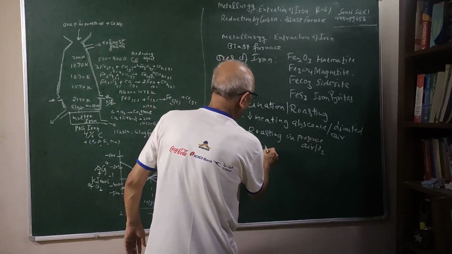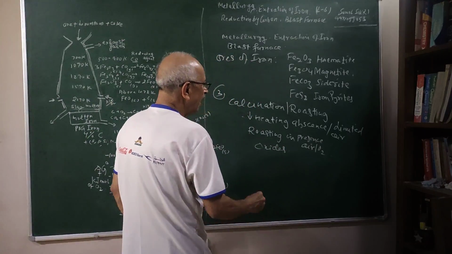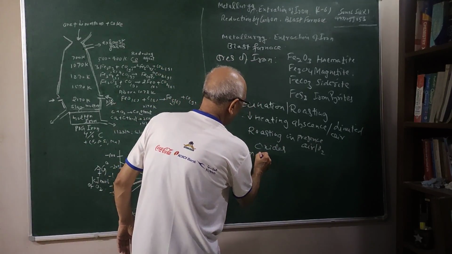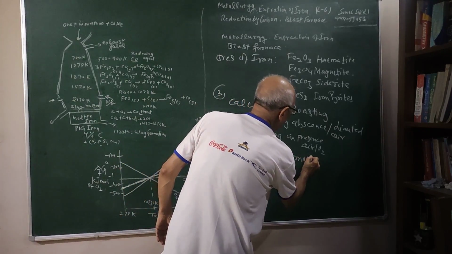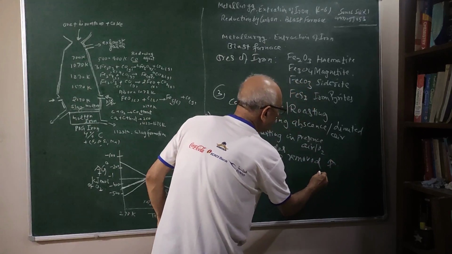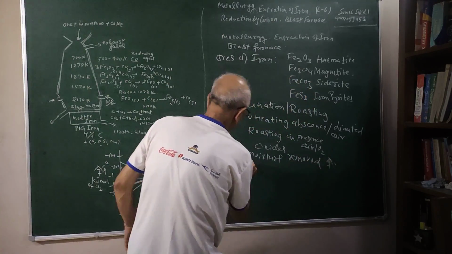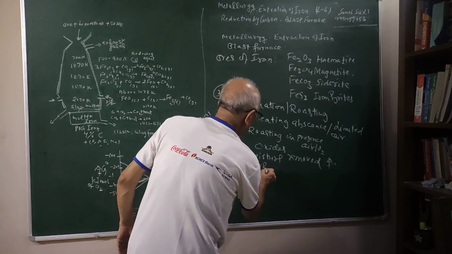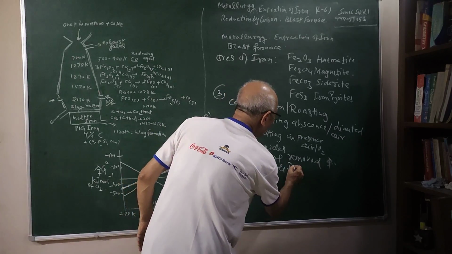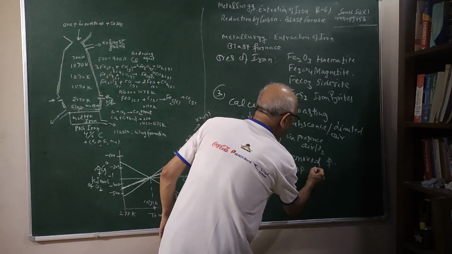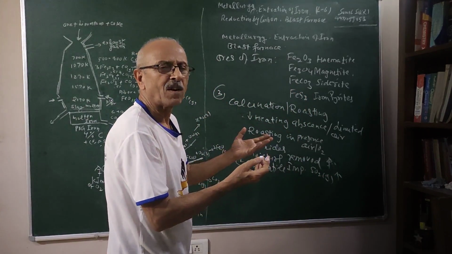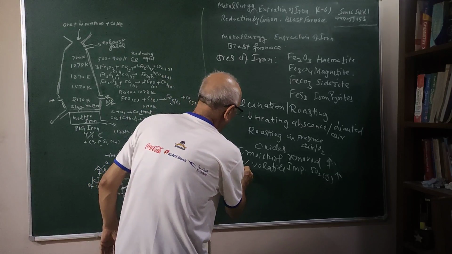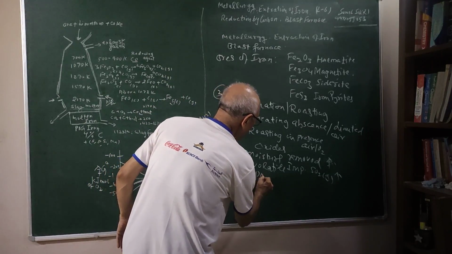You will get oxides and moisture removed. Then volatile impurities like SO2, etc., are oxidized and also removed, and the ore becomes more porous.